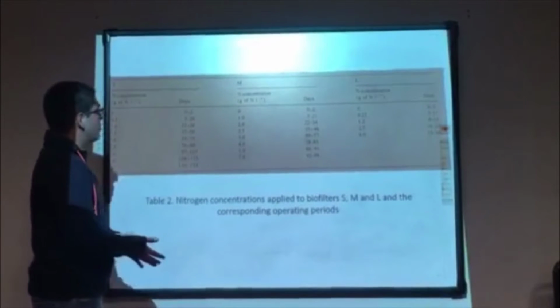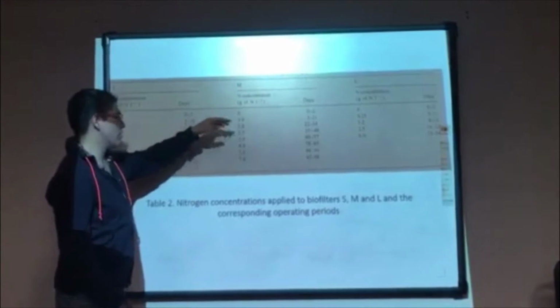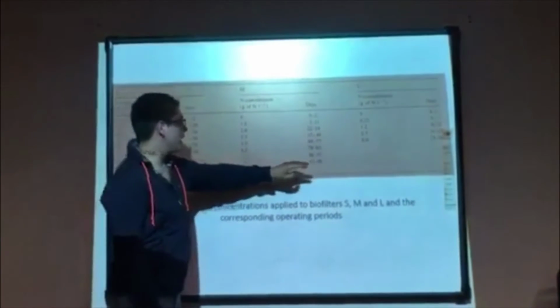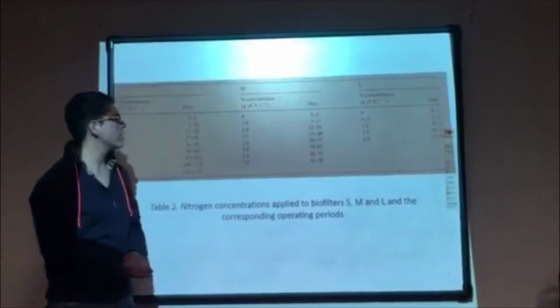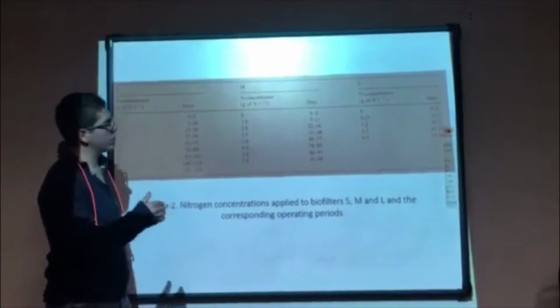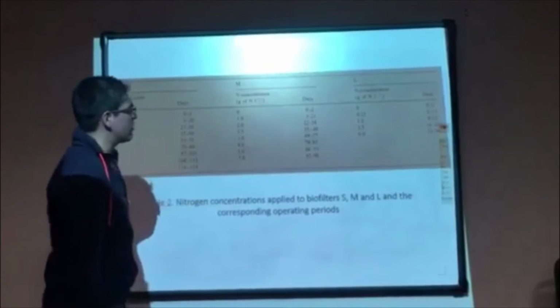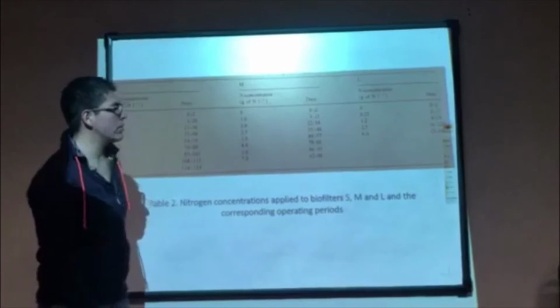In medium biofilters, they have N concentration from 0 to 7, and here they have 92 to 98 days of operation. And in large biofilters, the N concentration was 0 to 6, and they discovered that the days of operation were much fewer, 23 to 34 days.